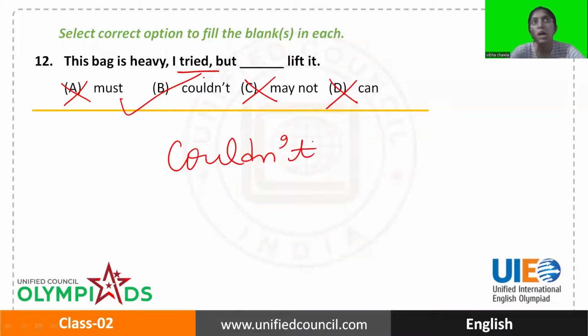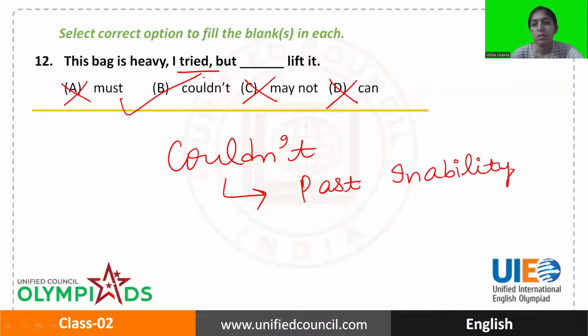See, could shows somebody's past ability to do something, and could not shows somebody's past inability to do something, right? Could not suggests past inability. It is option B.